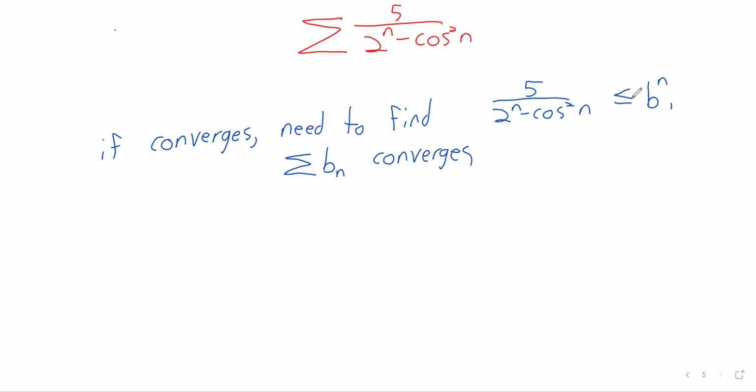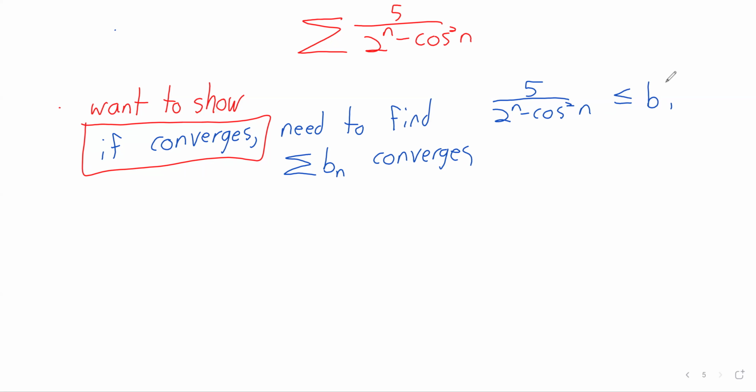Right? I mean, that's how the comparison test works. If we want to show this, then we need to find a bigger thing that is finite. I accidentally put the subscripts in the power there. We need to find a larger expression such that the larger expression is finite. And if we do that, then we can use the comparison test.